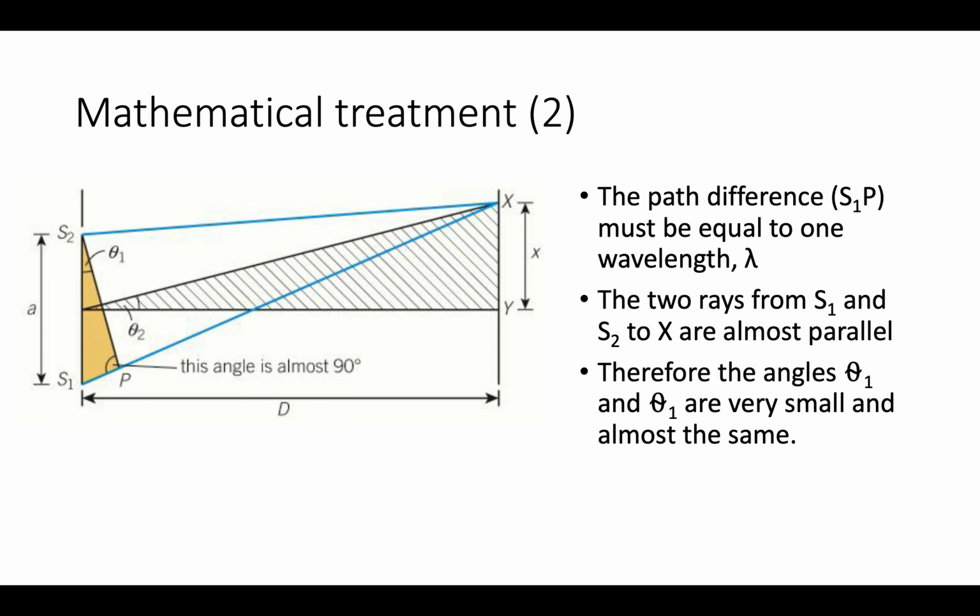So that means that the angles θ1 and θ2, I've realised there's a typo on my PowerPoint there. It should say θ1 and θ2, not θ1 and θ1, obviously. So those two angles, θ1 and θ2, are very small and they're almost the same.